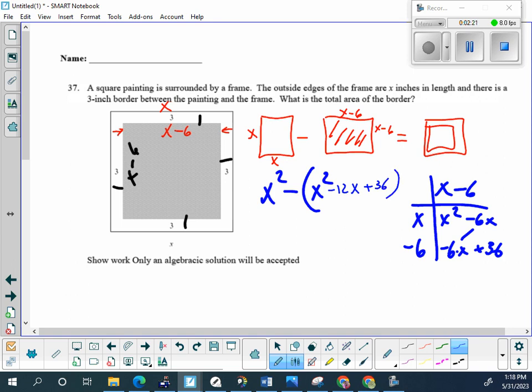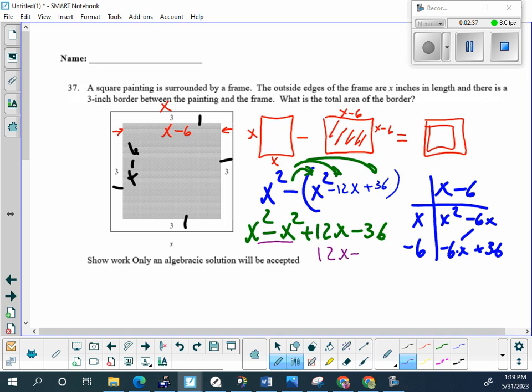Okay, did I do that right? I think I did. Now I'm going to distribute this negative sign. And I get x squared minus x squared plus 12x minus 36. These two cancel here, and my answer is 12x minus 36.